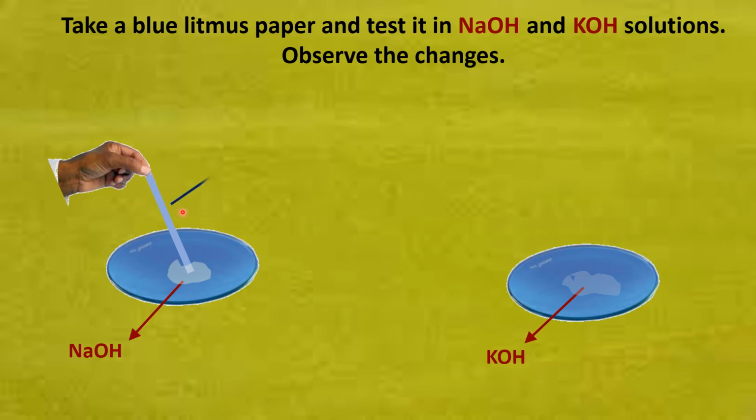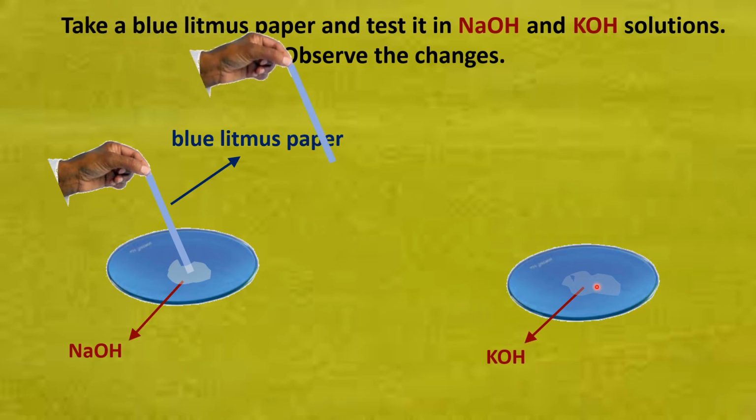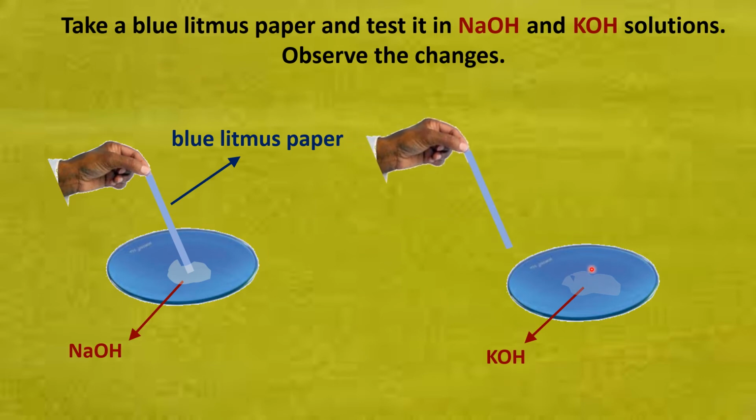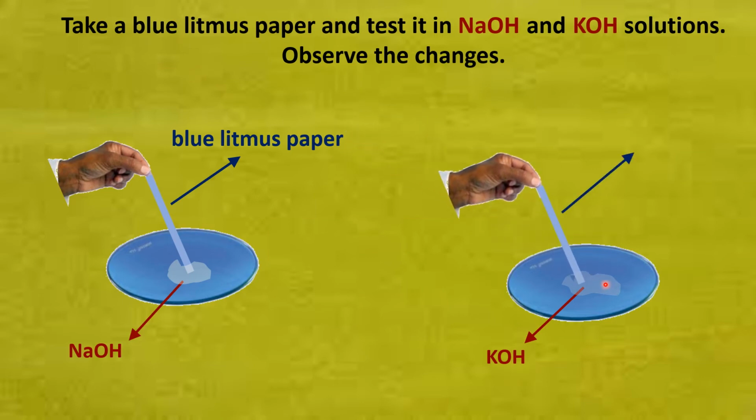Okay, see, this is blue litmus. So here we are observing that blue litmus paper is not at all changing. Blue litmus paper remains as it is in sodium hydroxide solution. Now we'll see for this. This is a blue litmus paper.